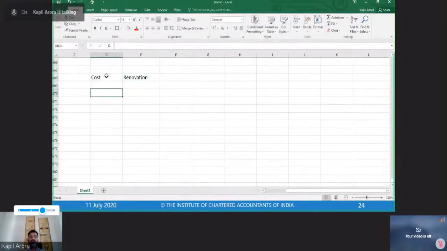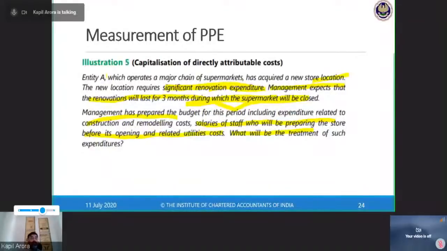We are incurring the cost of salaries of staff which are already there, who will be preparing the store, not renovating the store.